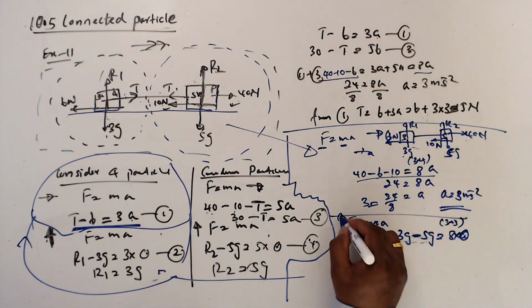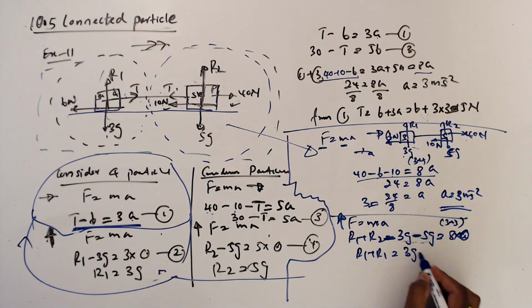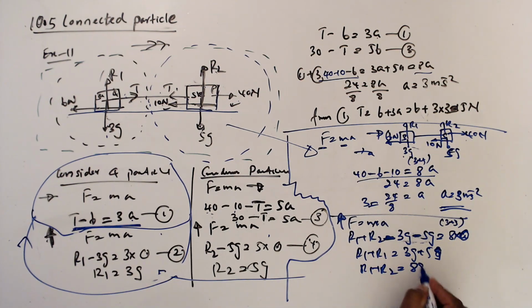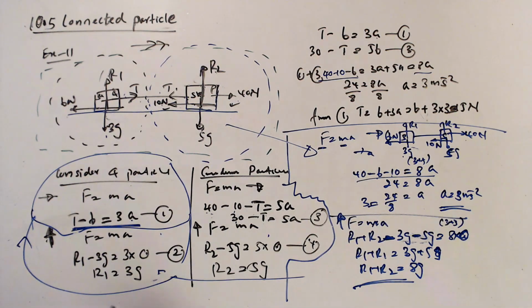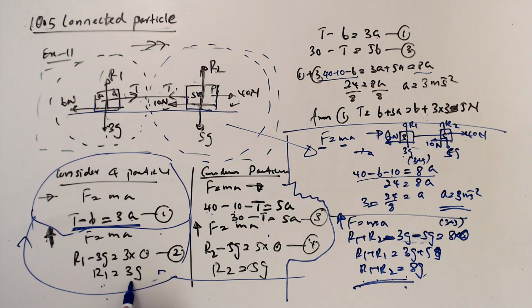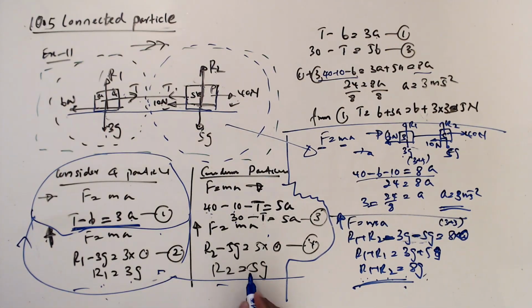So you will get R1 plus R2 equals 3G plus 5G, basically R1 plus R2 equals 8G. But instead of finding R1 and R2 separately, you can write this equation R1 plus R2 equals 8G. Then you consider one, and you find R1 equals 3G. Then when you substitute, you can find R2 equals 5G. But this is a bit lengthy. You can go straight, and when you put F equals ma upward separately, you can find R1 and R2.